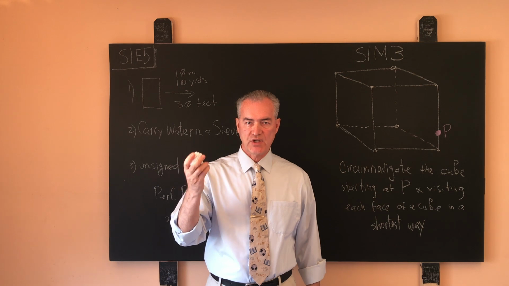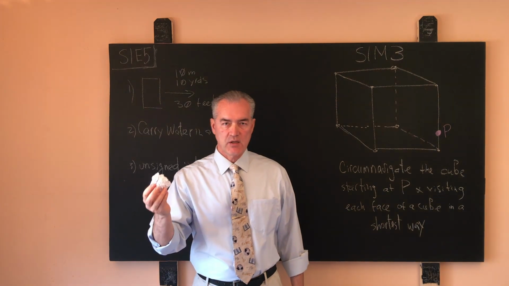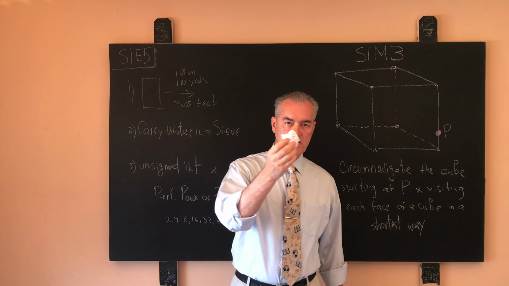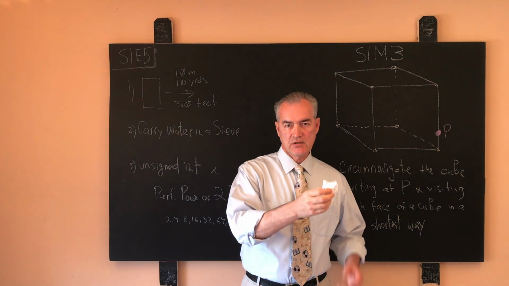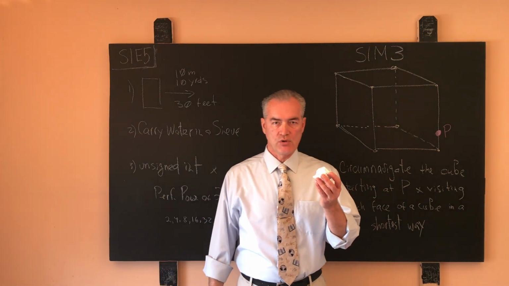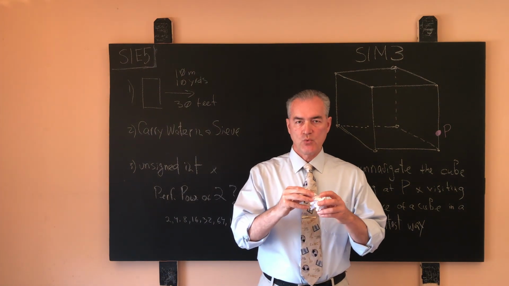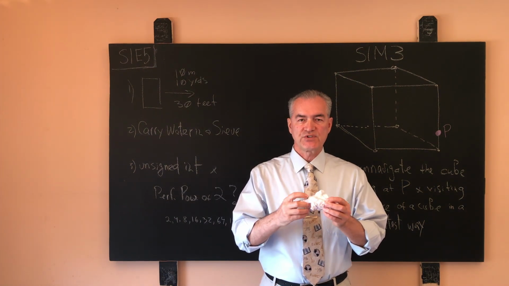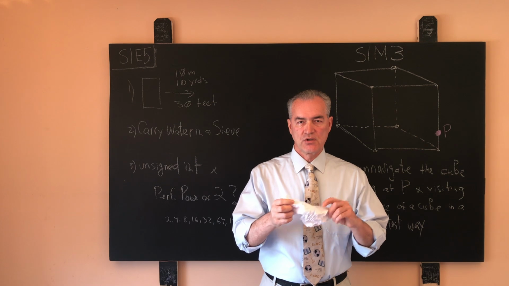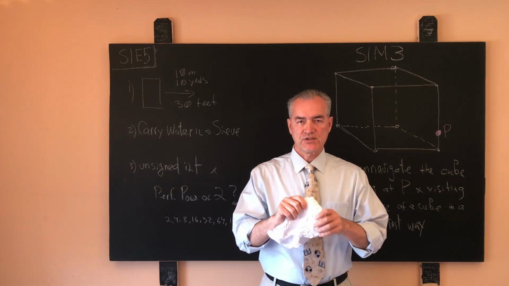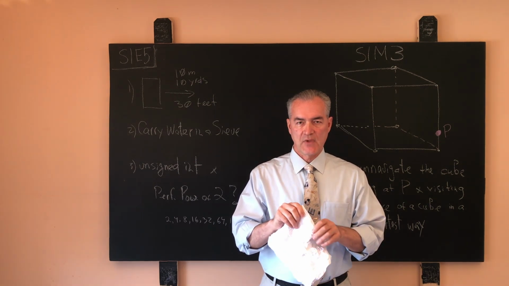In other words, such a paper ball can be thrown across a living room, for example. Then at the place where the ball lands, we pick it up, we unfold it, and present the original sheet of paper in its intact form.